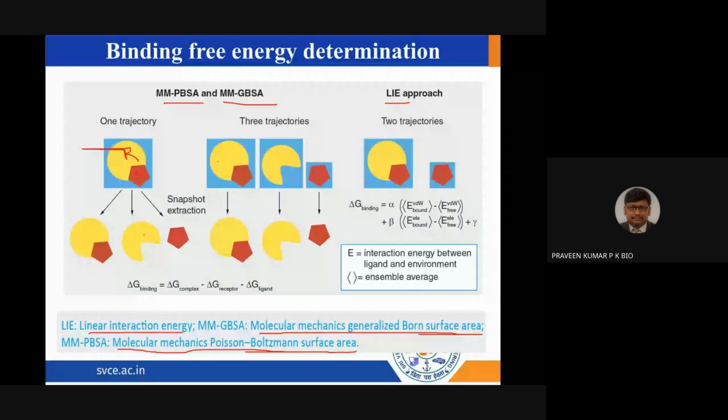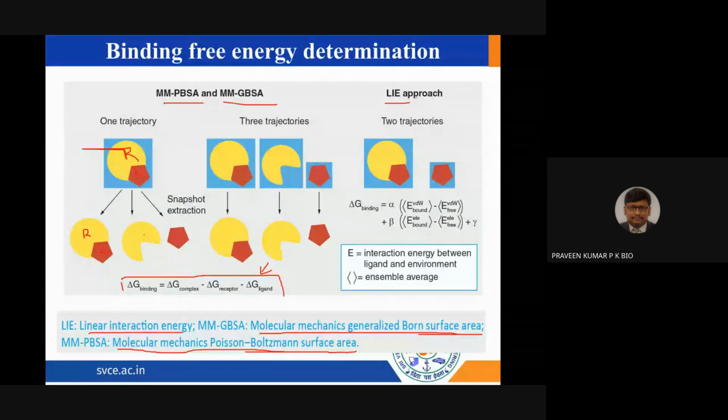So these three are considered in three trajectories. Whatever formula I've shown here is for these three trajectories. If you consider all three interaction energies, then you can go for three trajectories. But if you're considering one trajectory, you focus only on this alone. This energy alone you calculate in one trajectory. But in three trajectories, you consider each and every thing shown here.